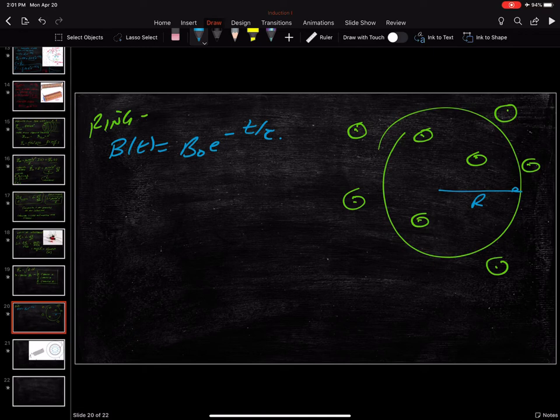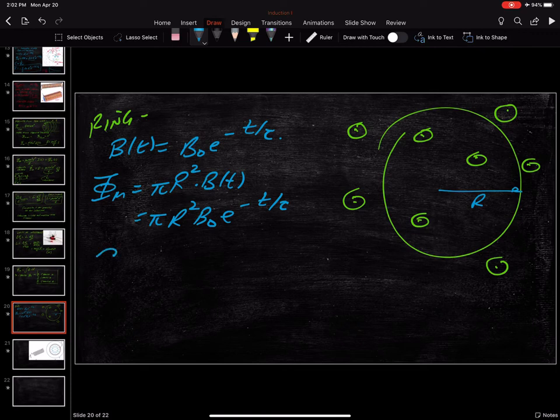Well, first of all, let's work out the magnetic flux. Phi magnetic, you know that's pi r squared, the area, times B of t. And that should be pi r squared B0 e to the minus t over tau. Good. And so since the magnetic flux is changing with time, clearly there's got to be an induced voltage.